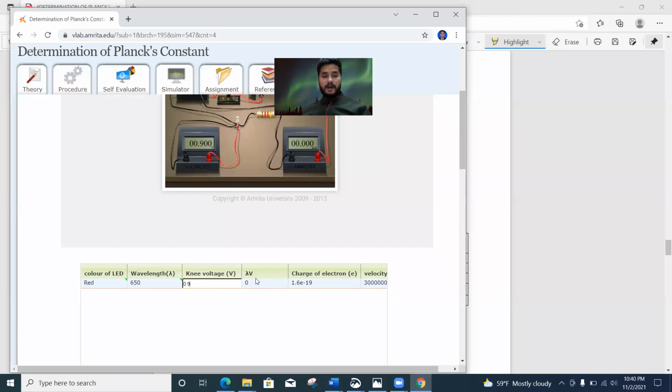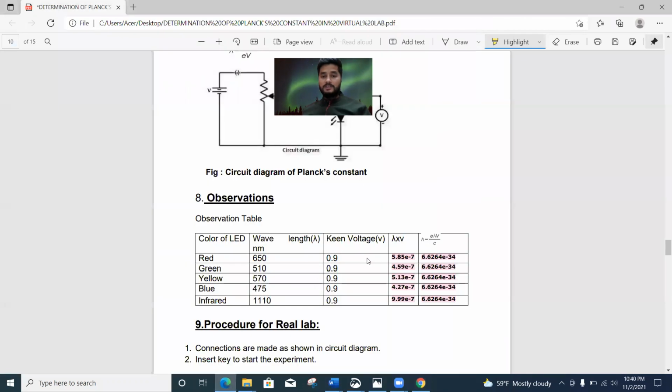After picking this value from the given data and clicking here, we get the value of lambda v, and we also need this value of lambda v in our observation. So I write this value here, 5.85 into 10 to the power, in the form of e to the power something.